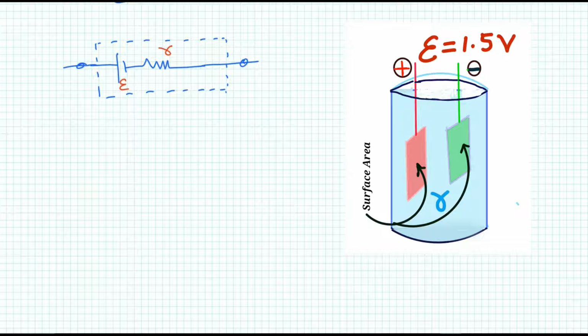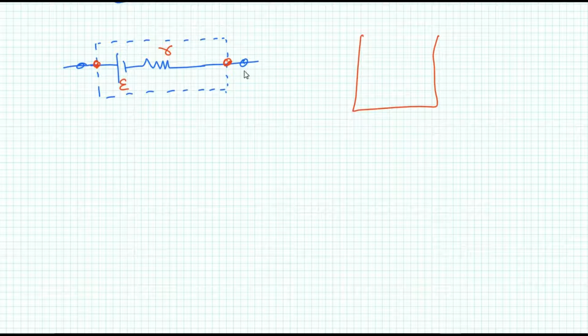So we represent this cell with this circuit diagram, where this is the EMF and small r is the internal resistance of the cell. This is the two terminals of the voltage. The plus and minus signs are also shown in the diagram, right? So what we see here, we take out the resistance R outside this cell in the circuit.